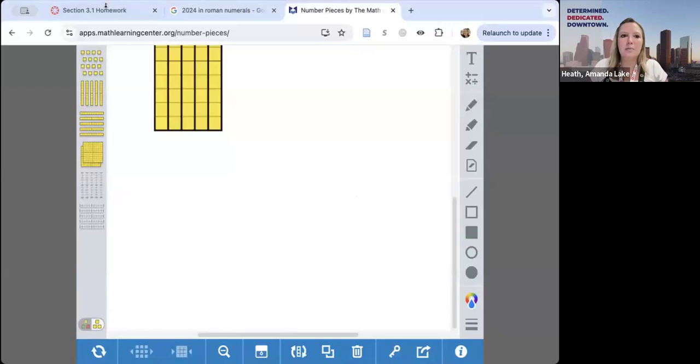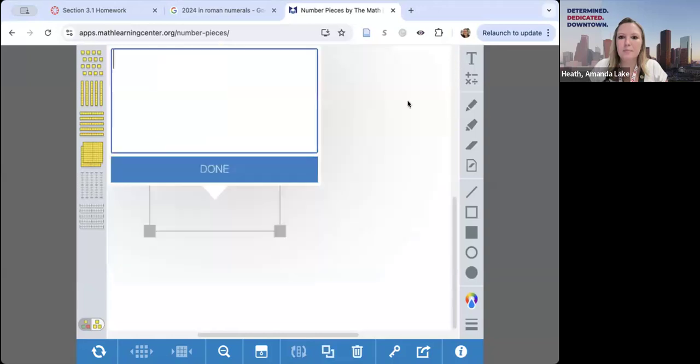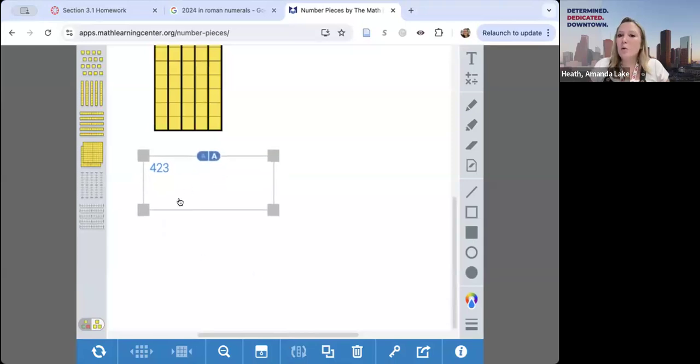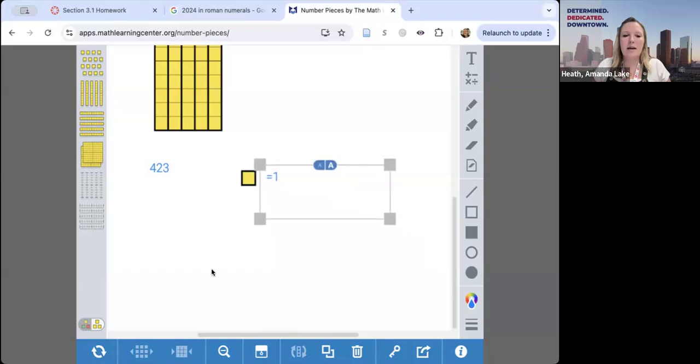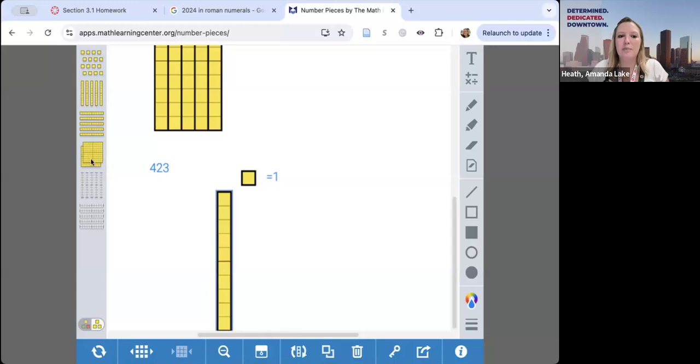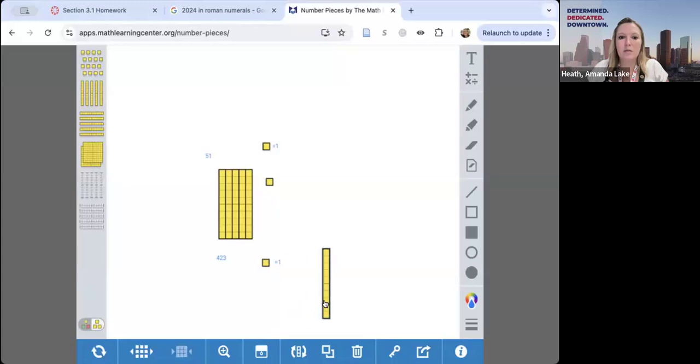Now, the second example was 423. So again, the ones place is the smallest value I need to represent. So I can have a unit block be representing my ones place. And that means that my tens place will be my long bars, and my hundreds place will be my flat squares.